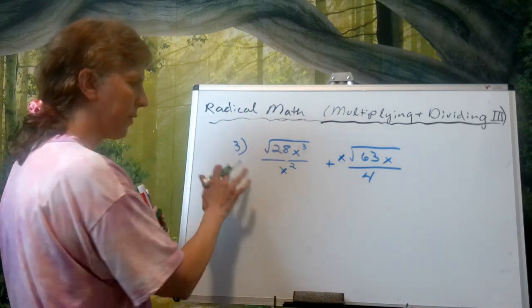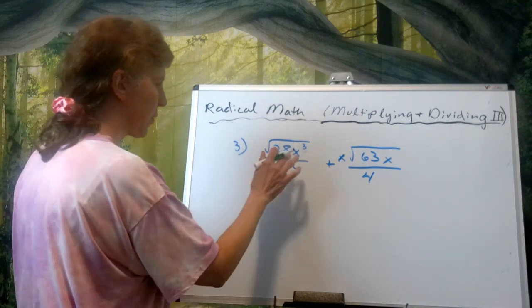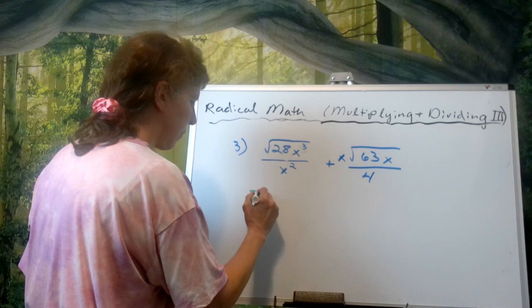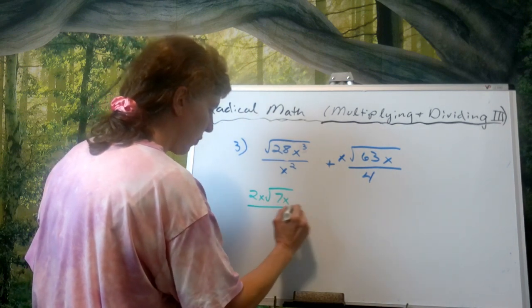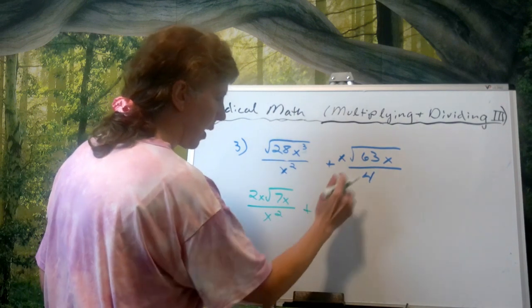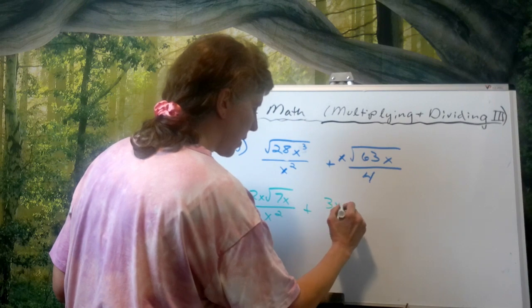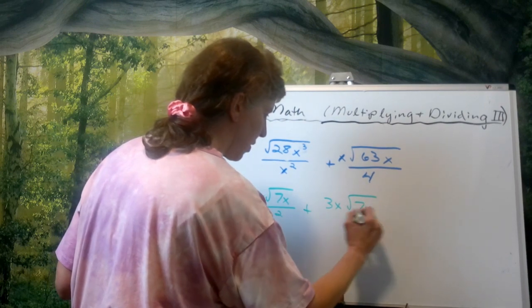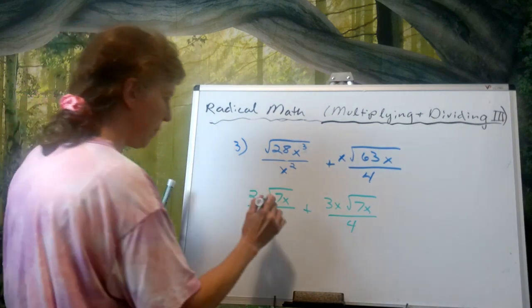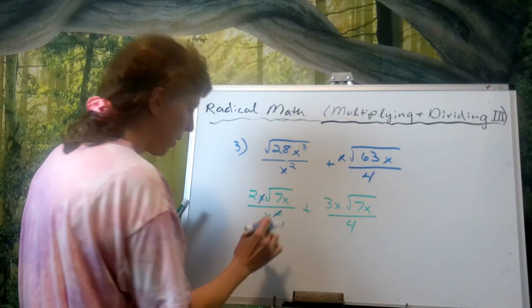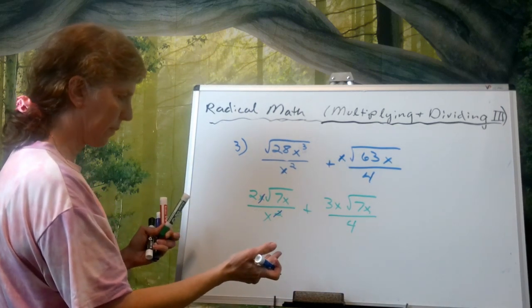So I'm still going to prime factorize, and I'm still going to simplify. I'm going to do everything that I did on the first one. So that will end up giving me 2x root 7x over x squared this time. And in this case, out comes this 3 still, so I'll have 3x root 7x over 4. Okay, so almost the same as last time, except my denominator here still exists.